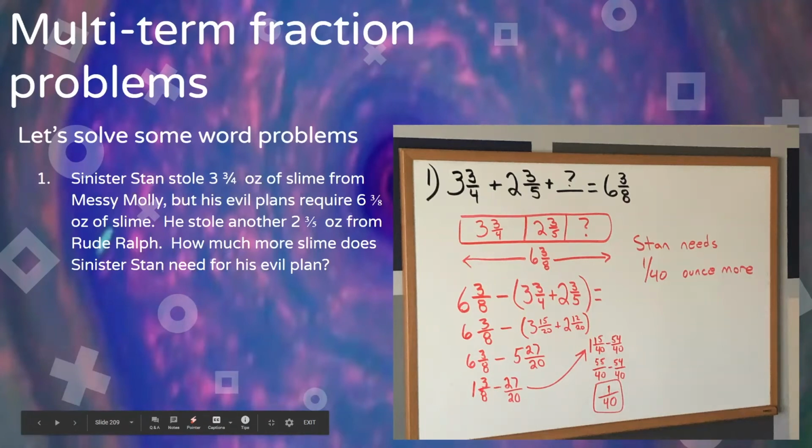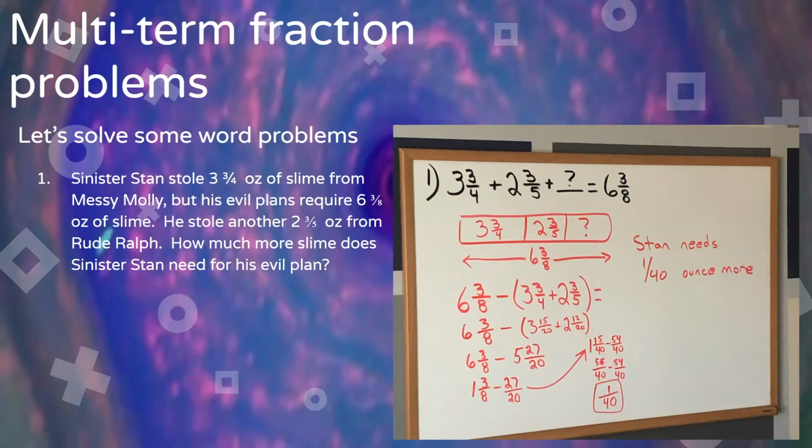So 1 3/8 is going to become 1 15/40, and 27/20 will become 54/40. Now, because this is a mixed number, and we want to make an improper fraction, we can't subtract the way we're set up now.